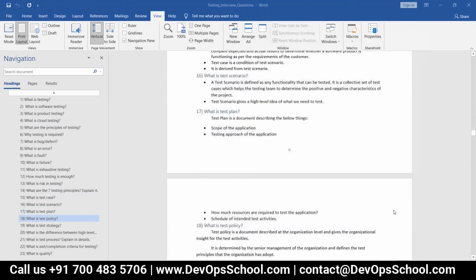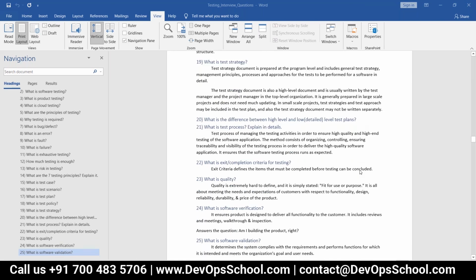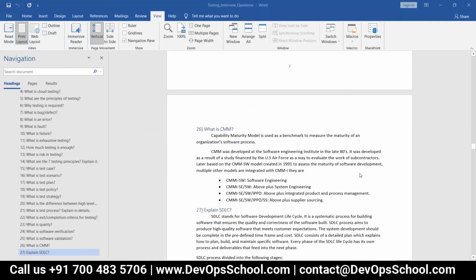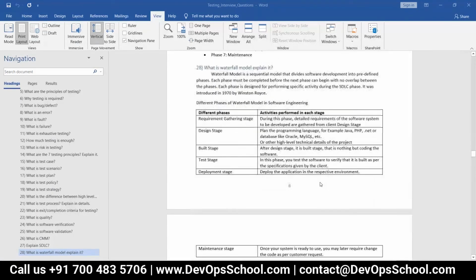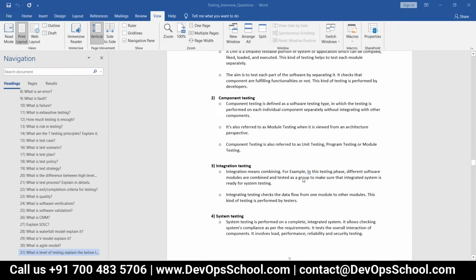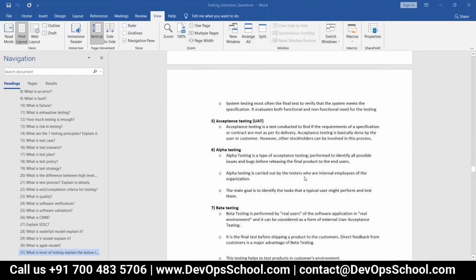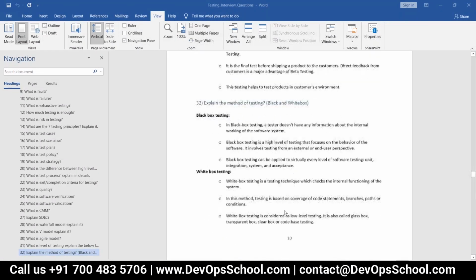Okay, good. What is the difference between a high level test plan and a low level test plan? Okay, this question. One more: what is CMMI, I have written. SDLC I have written, waterfall I have taken, V model, Agile model, levels and methods of testing: unit testing, component testing, integration, system testing, acceptance, alpha, beta, and black box and white box.